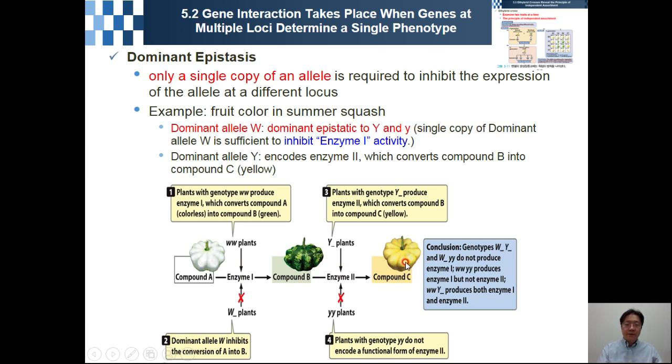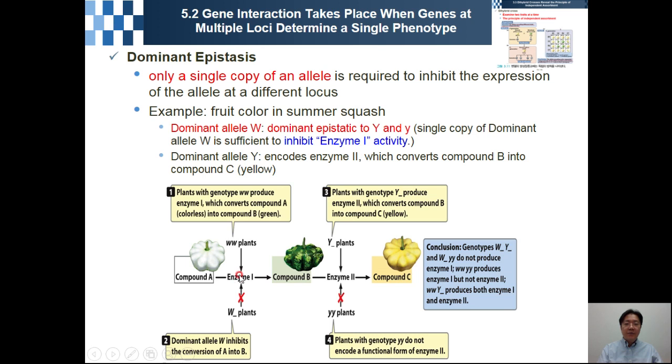For example, a single copy of the dominant allele large W is epistatic to large Y and small y. It means that a single copy of the dominant allele W is sufficient to inhibit enzyme 1 activity.